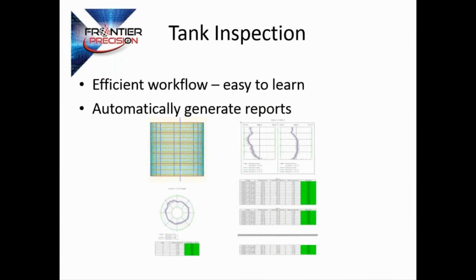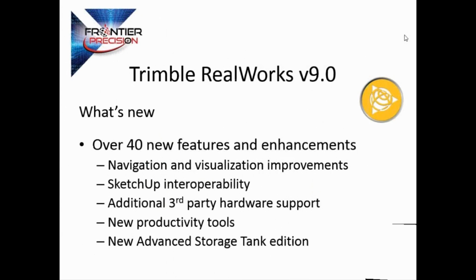They tried to make a very efficient and easy-to-use workflow and help you automatically generate reports. It definitely does reduce the amount of time to perform a roundness or verticality inspection of a tank. So that's your glossary overview of some of the RealWorks features.